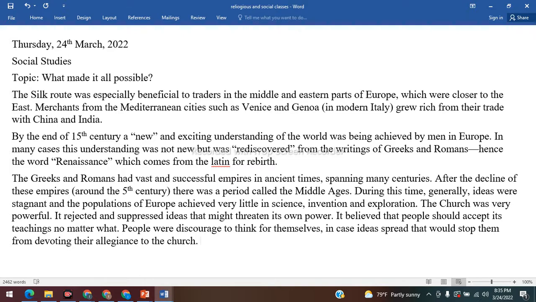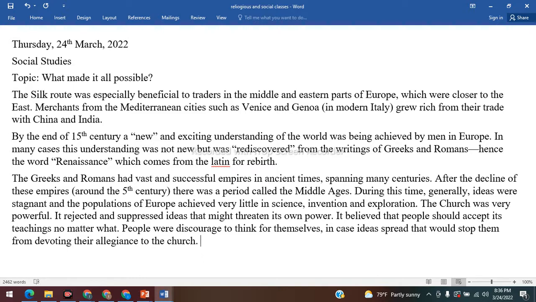All right, so we're going to end right now. We are in the Dark Ages, also called the Middle Ages, where there's little invention, and not much is happening in science, technology or exploration. Ideas are suppressed.